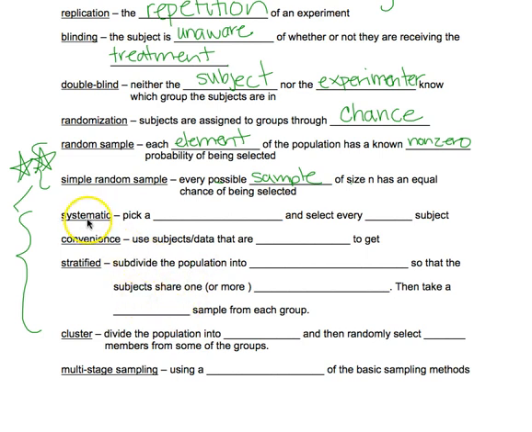So a systematic sampling method is when you pick a starting point and select every nth subject.